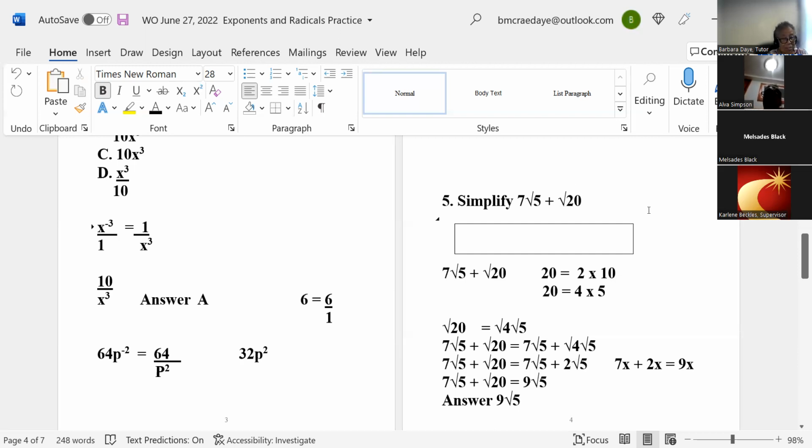So what are your factors of 20? 4 and 5. What are the factors of square root of 20? Square root of 4 and square root of 5, right here. See how you can figure it out? Once you put that there, square root of 4 is a 2. Now I've got my square root of 5s with coefficients, and then I can add them. Oh, see, okay.